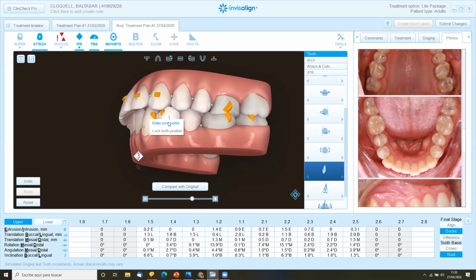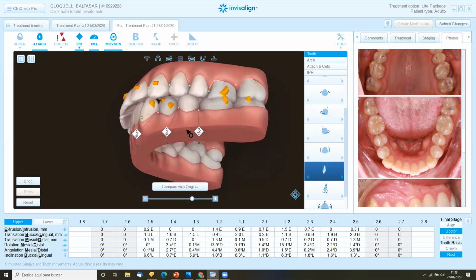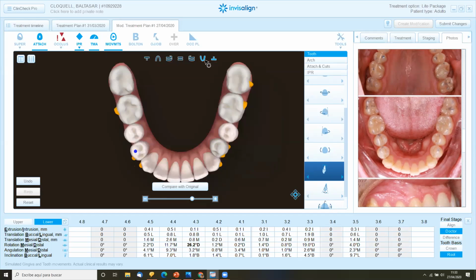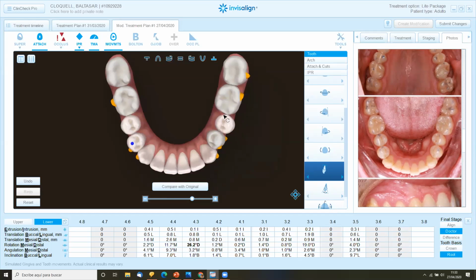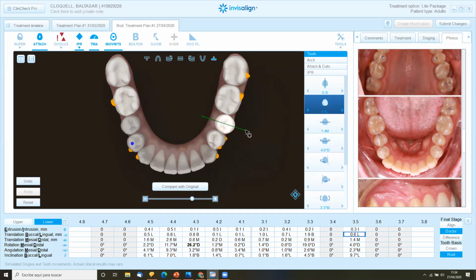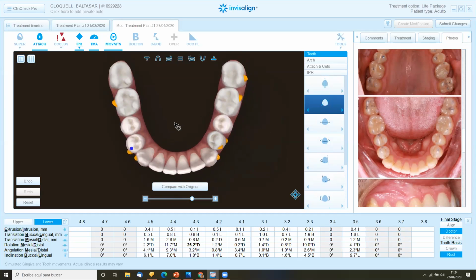Why don't we make it unmovable? Just like this. And so we have a reference to the position of this one. And now we can adjust it with the 3D controls, or if you don't want to do it, you can write the comments. But my advice is always, if you can, you have to manage every single tooth position with the 3D controls, because then you have the control.